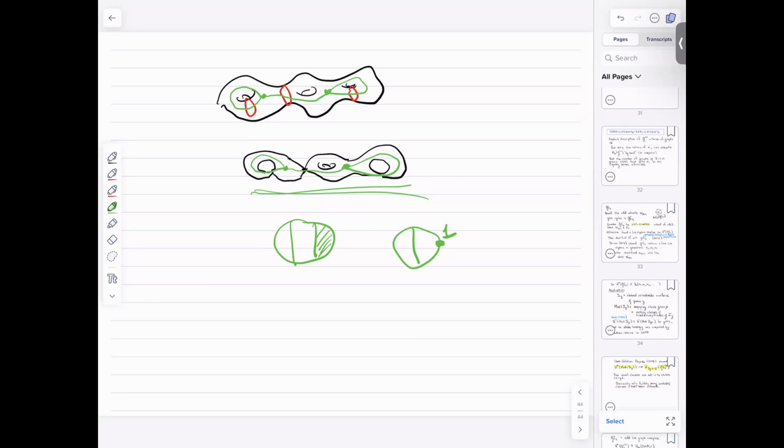So pinching a curve on the surface corresponds to pinching a loop or a subgraph in the graph, and if I pinched all of that, I would put a two. So there's a combinatorial picture like that of the boundary of outer space.